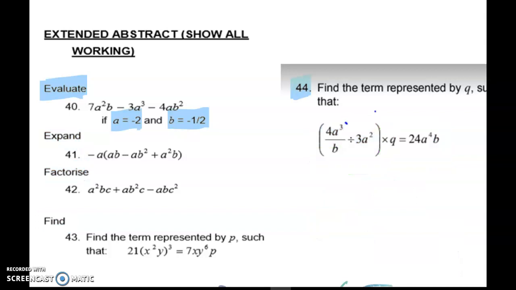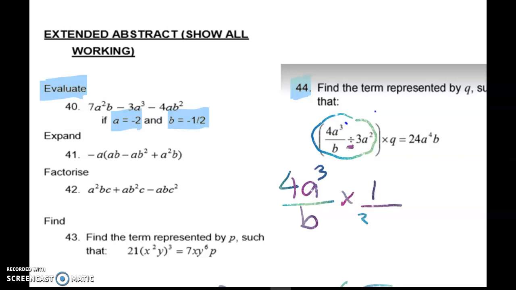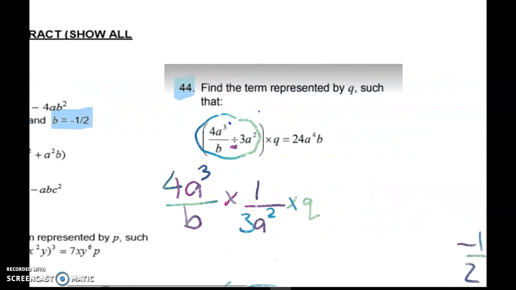Right. But before we start, we're going to clean up that big messy thing that we've got inside the question. So we've got 4a cubed over b. Now times 3a squared divided by 3a squared is the same as 1 divided by 3a squared. That's how we work with division. Times q is equal to 24a to the power of 4b.